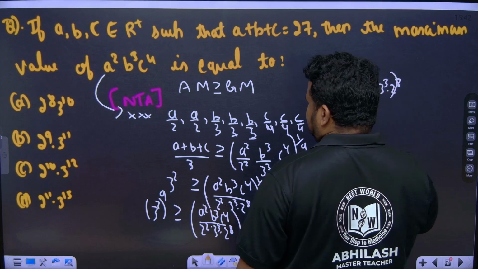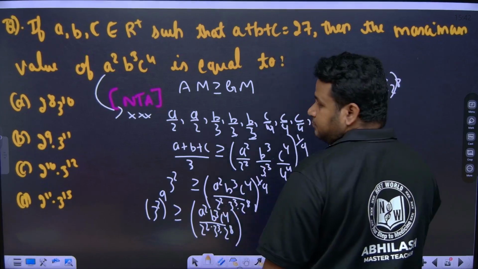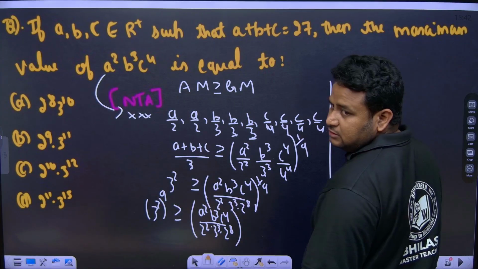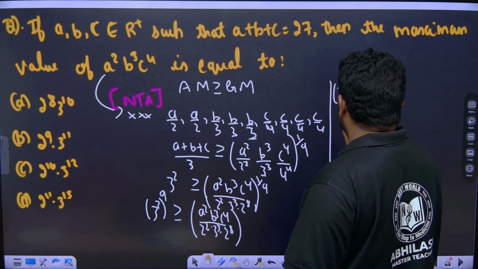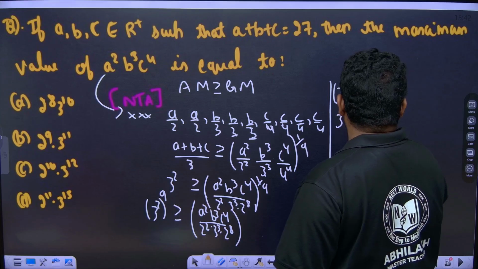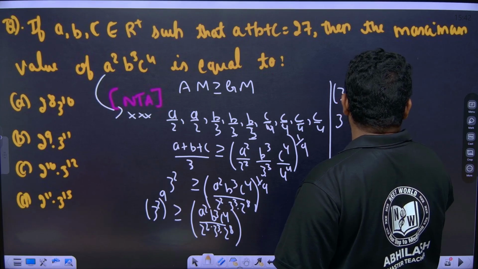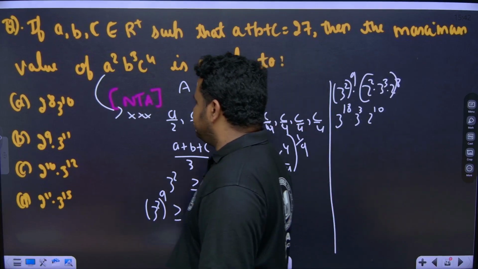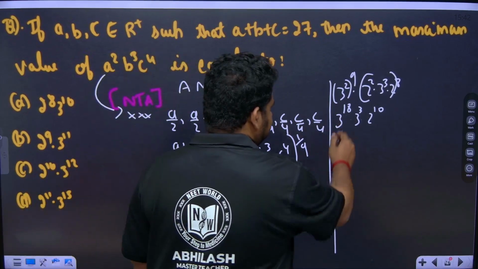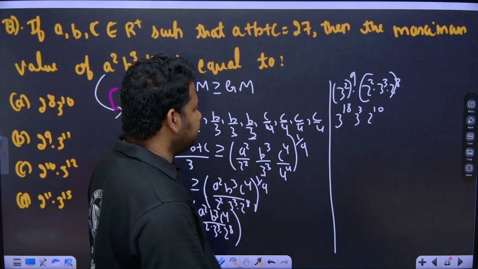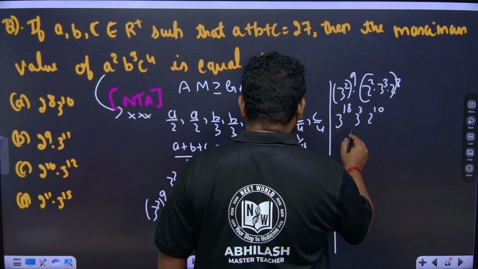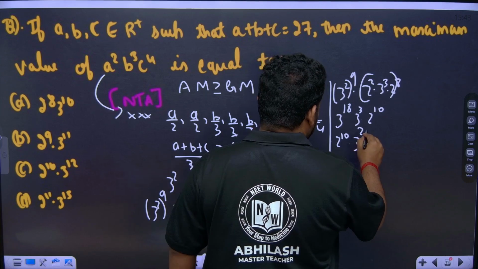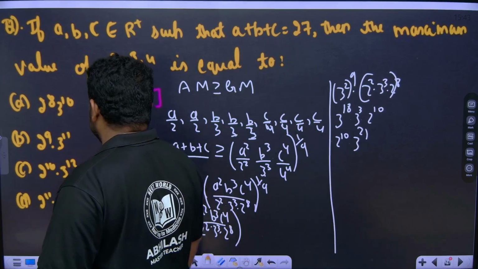Okay. What power? Just listen. So 3 into 2 power 9, 2 nines are 18. Okay, so 18 it is. So what I am having here? 3 cube into 2 power 2 into 2 power 8 is 2 power 10. So what I am having? 2 power 10, and this is 3 power 3. This value will be equal to 2 power 10 into 3 power 21, it should come.